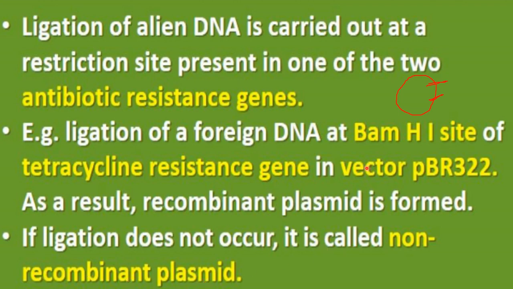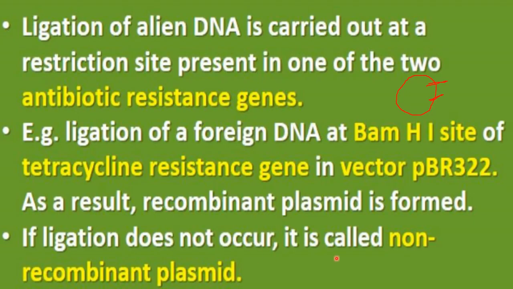So it is not necessary always that if we are doing this process and adding some restriction enzyme, some vectors, and the alien piece of DNA, all the vectors will ligate with the alien piece of DNA. It doesn't always occur.